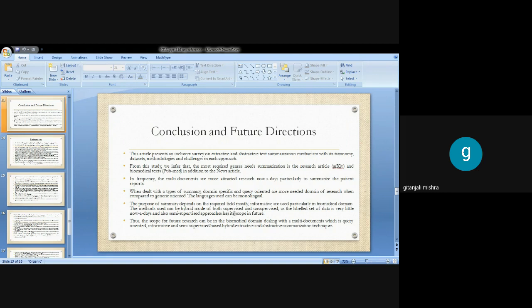Semi-supervised approaches also have scope in the future. The scope of future research can be in the biomedical domain, dealing with multi-document, query-oriented, informative, and semi-supervised summarization, based on a hybrid of both extractive and abstractive summarization techniques.